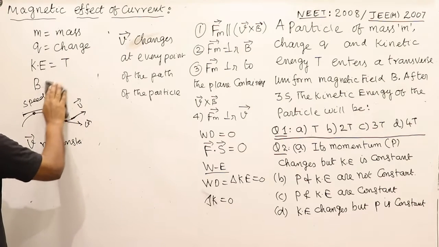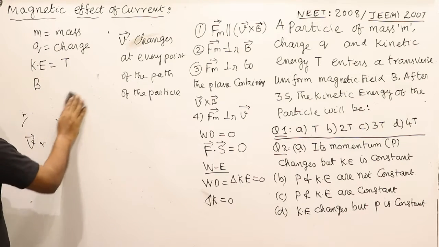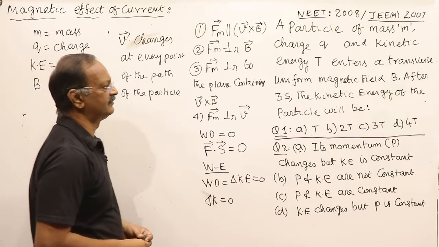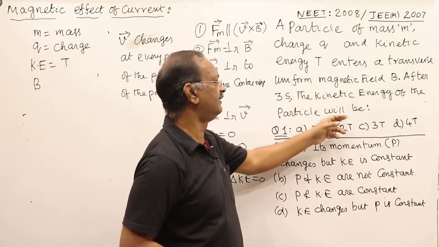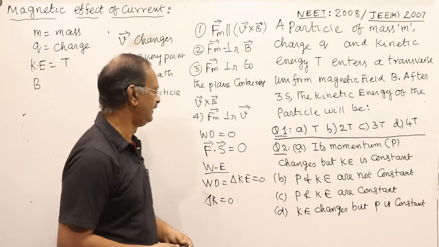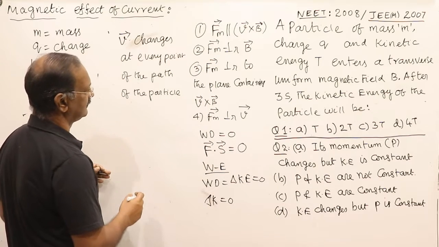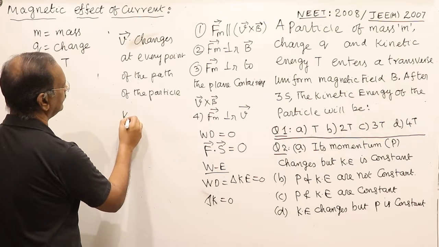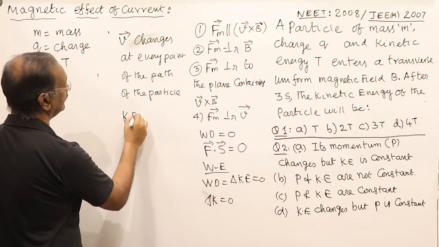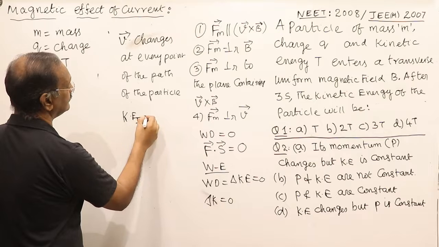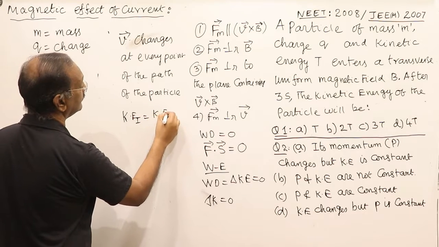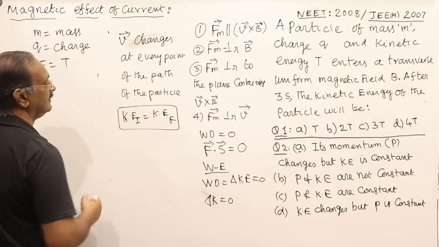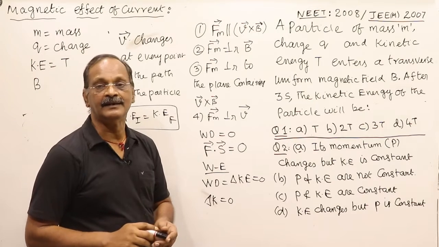From this we can conclude the answer to the first question: the kinetic energy of the particle. Kinetic energy initial is equal to kinetic energy final, so there is no change in kinetic energy at any time.